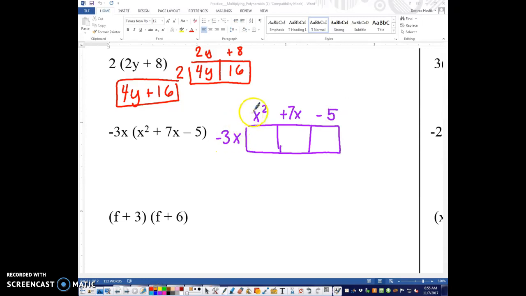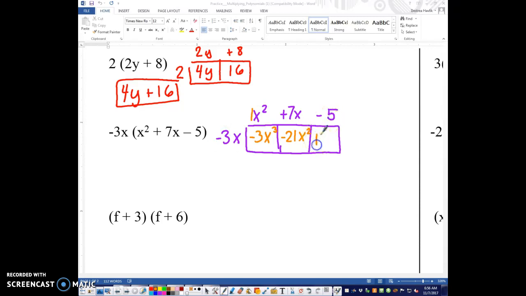So, -3 times, remember there's an invisible 1 here. -3 times 1 is -3. X times x squared is x to the 3rd. There's 3 x's there now. -3 times 7 is -21. X times x is x squared. -3 times -5 is what?